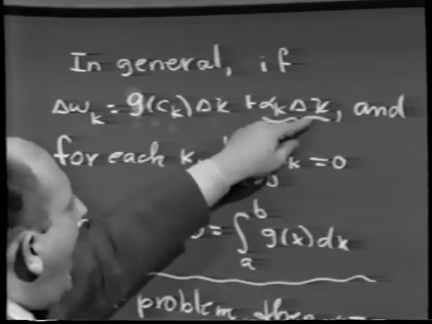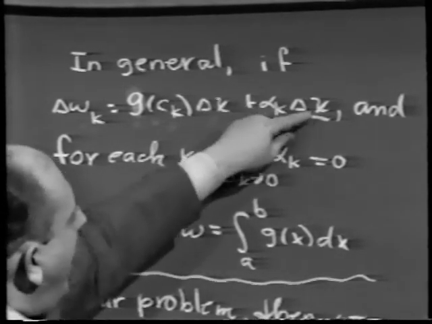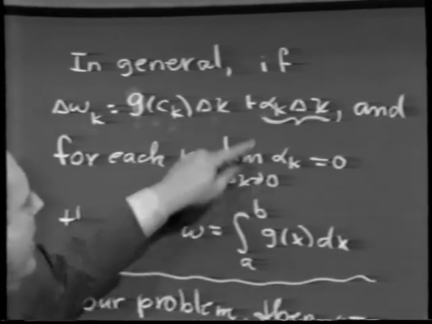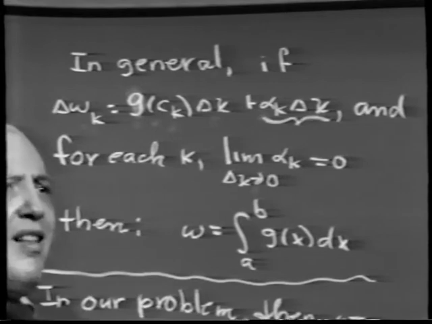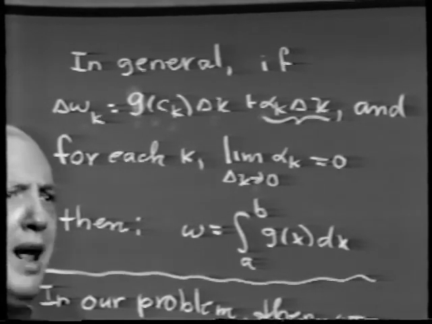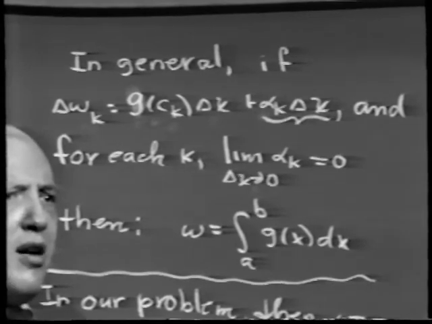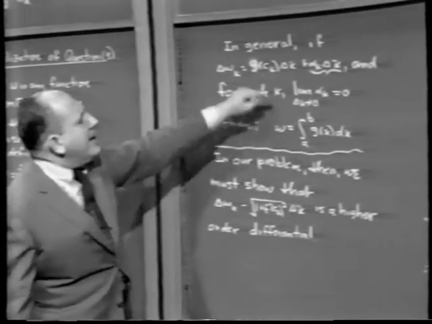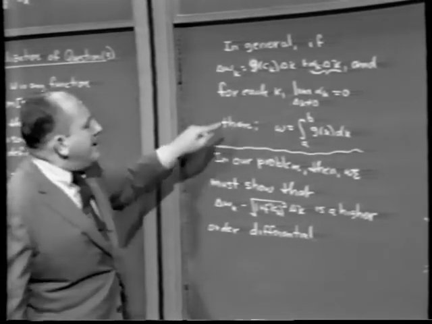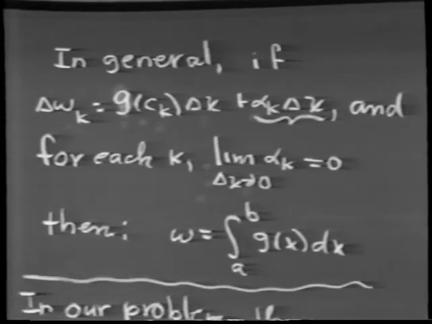If alpha k goes to 0 as delta x goes to 0, that says that alpha k times delta x is going to 0 much faster than delta x itself. So you compare this with our discussion on infinitesimals earlier in our course. I think that was in block 2, but that's irrelevant here. But all I'm saying is, if that is the case, in that particular case, the limit, that integral, is exactly what we're looking for. The error has been squeezed out.